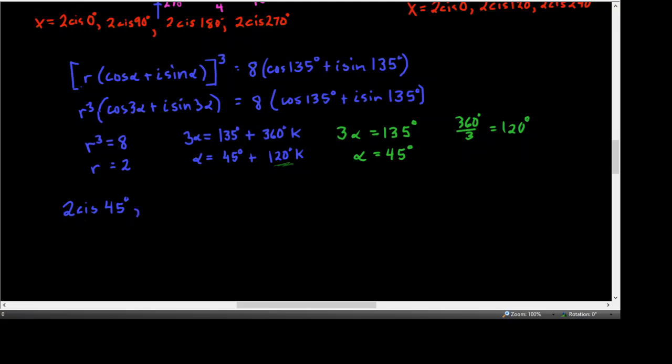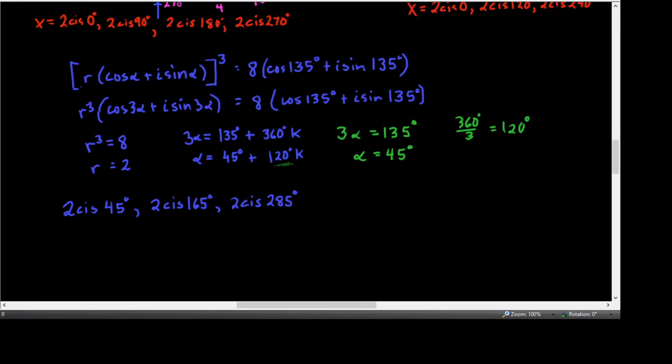The next one would be 2 cis, and now I'm going to take 45 plus 120 to go to the next one, and that's 165 degrees. And then 2 cis, and then starting with 165, add 120, that's 285 degrees. And those are your 3 answers.